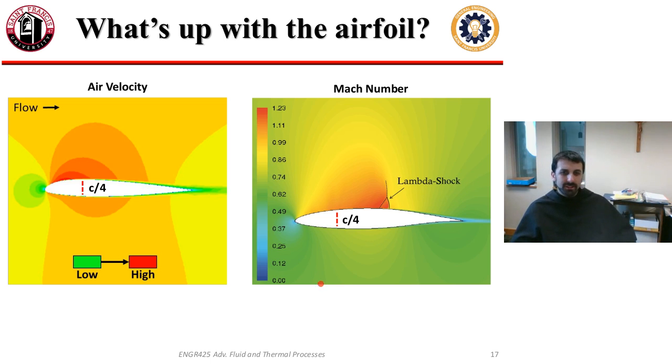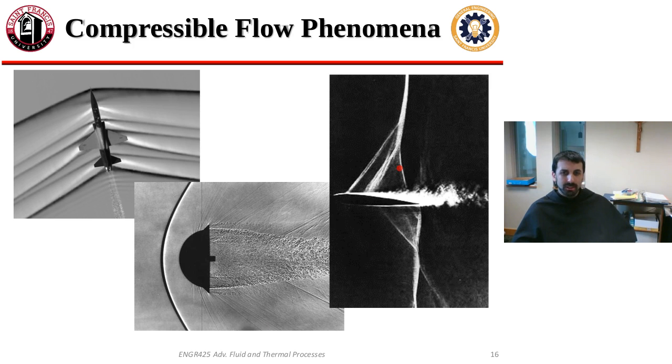It's high subsonic, usually around Mach 0.8 or so, but there are exceptions to the rules. So the flow comes over and increases speed until it goes through the speed of sound, and it decelerates via a shock wave. So that's what we're seeing there.